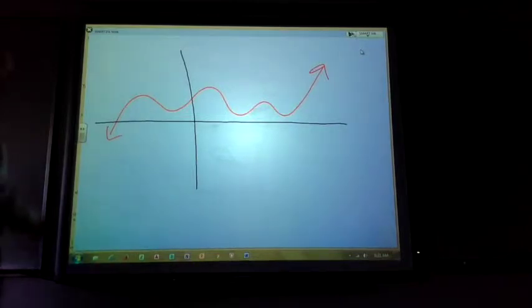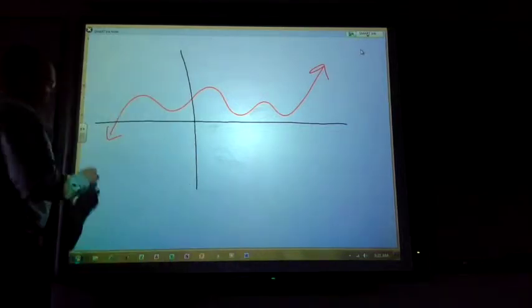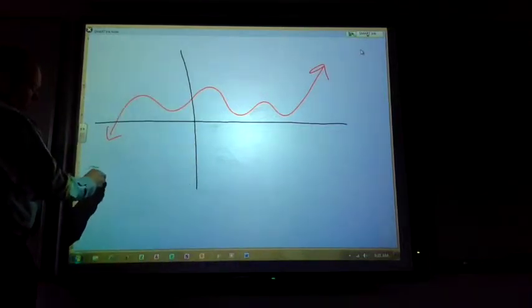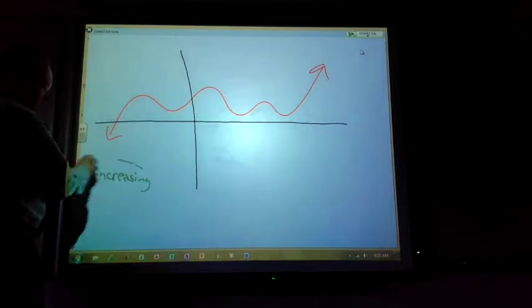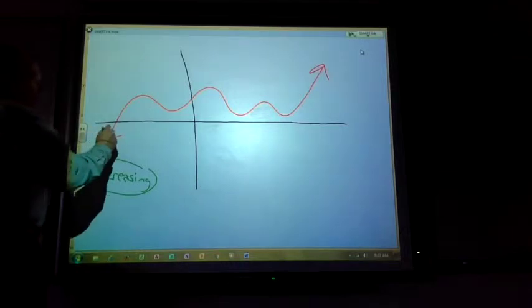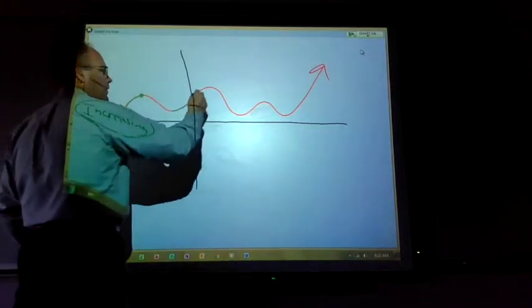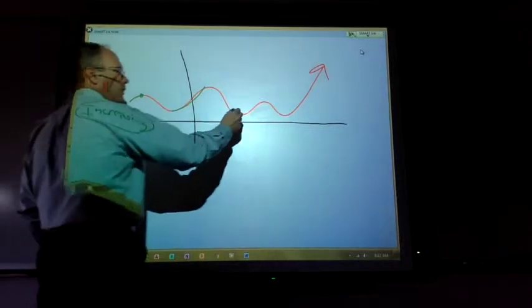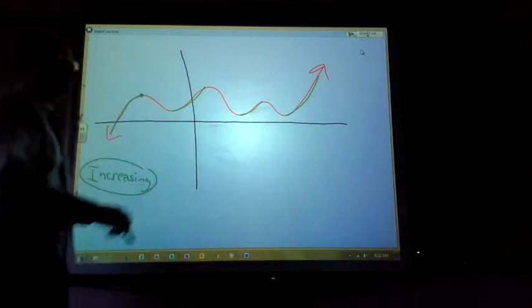So if I wanted to know where this graph is increasing, that means it would go to the upper right. So is it increasing here to here? Yes. Is this increasing? What about this? Is this increasing? Yes. Is this increasing? Yes.